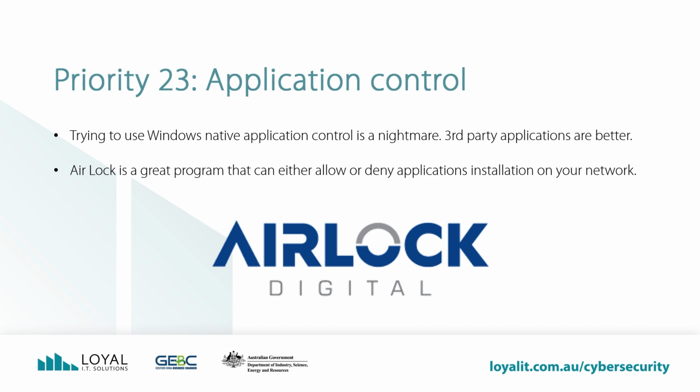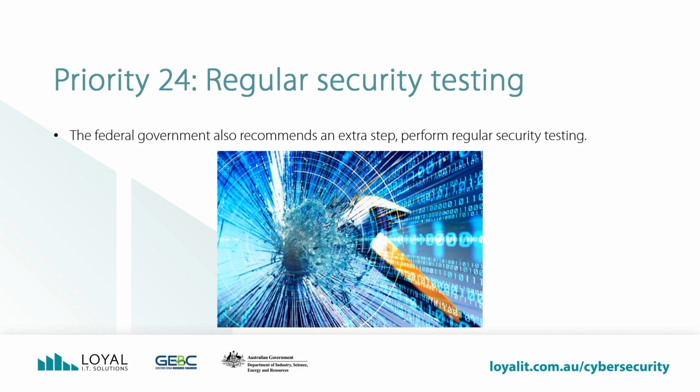I've made this the second lowest priority because it can be expensive, and if you have implemented all other technical controls such as spam filters, antivirus, SentinelOne, web filtering, and removing administrative privileges, then application control is an expensive layer that, whilst it will add an extra layer of protection, it may not be cost effective and the return on investment will be negligible.